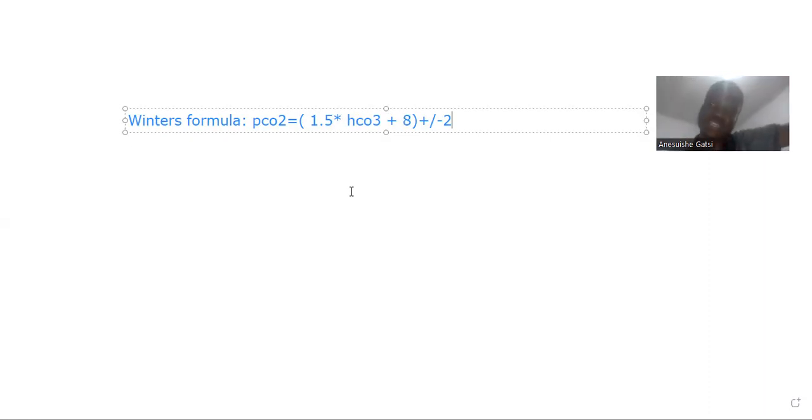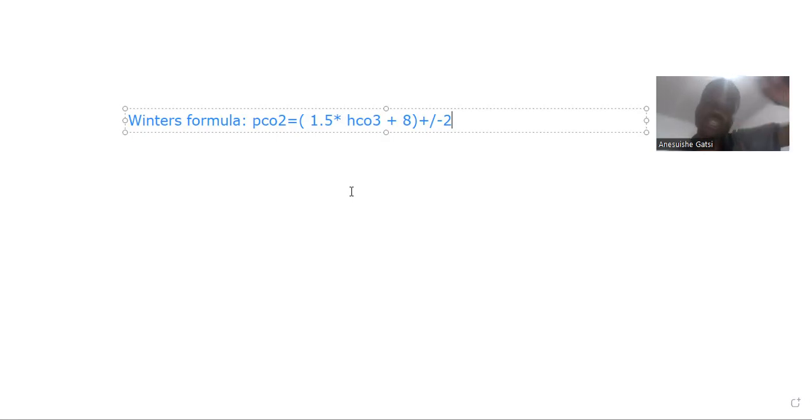So there are cases where, so this is the calculated, right? So when the calculated partial pressure of carbon dioxide is going to be less than the measured partial pressure of carbon dioxide, right? This means that we are in metabolic acidosis that can be associated with respiratory acidosis.